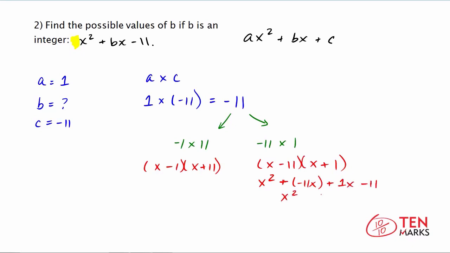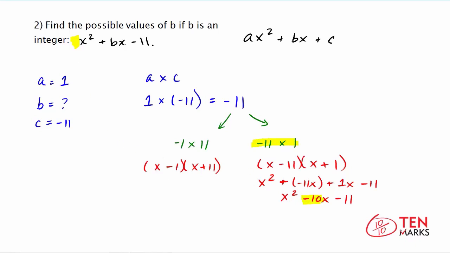And this combines with the like terms in the middle here to x squared minus 10x minus 11. So in this case, we have one possible value of b. If the factor pairs are negative 11 and 1, then a potential value for b is negative 10.